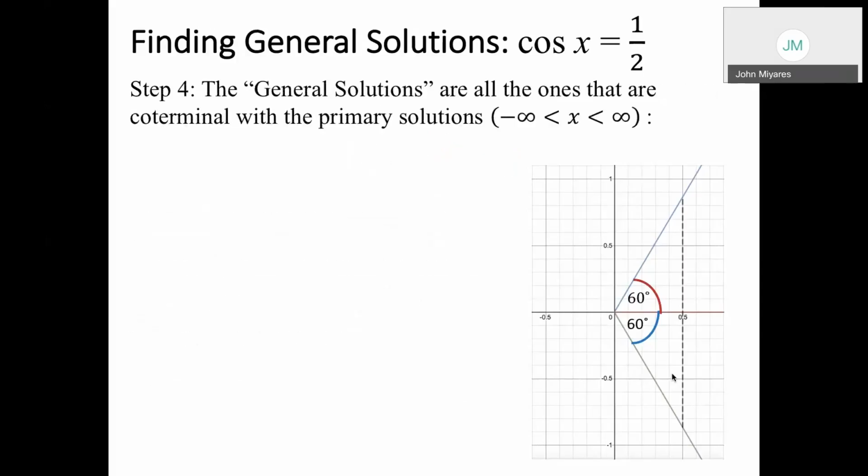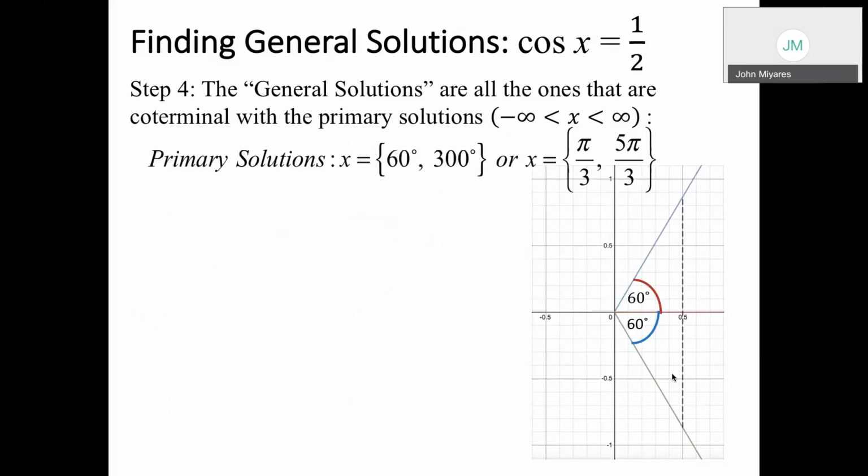Our next step is to expand on our primary solutions to get the general solutions. As I mentioned before, the general solutions are all the ones that are coterminal with the primary solutions. So if the primary solutions are 60 and 300 degrees, or equivalently pi over 3 and 5 pi over 3 radians, we would say that the general solutions are going to represent every angle that is coterminal with these two.